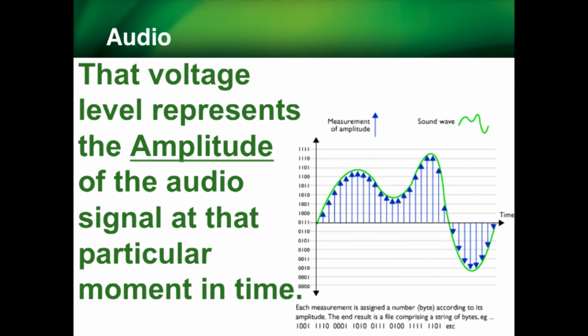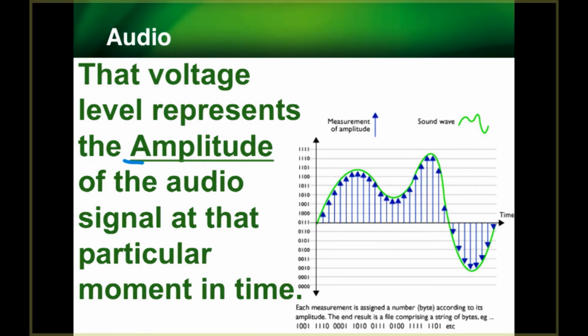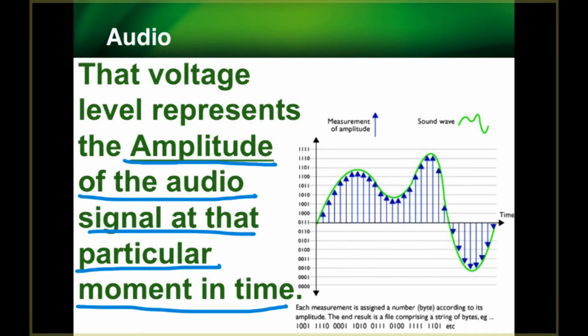The voltage level represents the amplitude. So the stronger the voltage, the stronger the amplitude. The weaker the voltage, the weaker the amplitude. And the level represents the amplitude of the audio signal at that particular moment in time. So as you look on here, each one of these measurements is measuring the voltage at that particular moment in time, and this arrow on this plot is representing how intense that voltage happens to be at that moment.